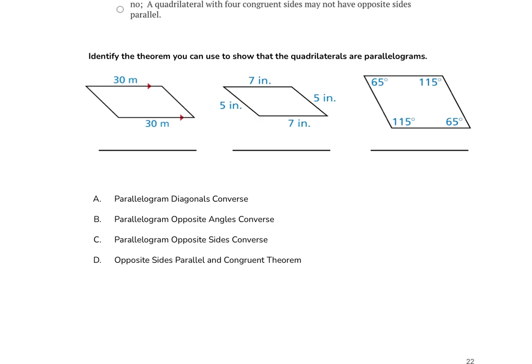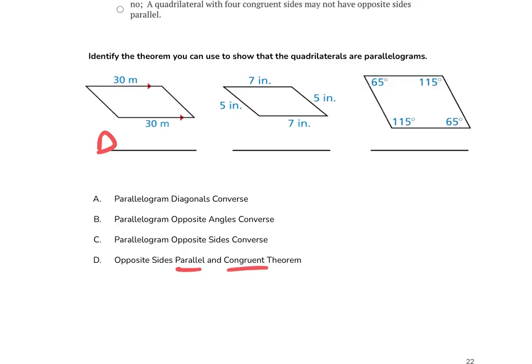Are we using anything about diagonals here? No. Are we using opposite angles? No. Okay? Are we using parallelogram opposite sides? This one means both pairs of opposite sides are congruent, and we don't know the left and the right. So this one is opposite sides are parallel and congruent. This one is the one that we want here. I'm not going to write the name out. I'm just going to say this one is D, because we have one pair of sides that is parallel and congruent.